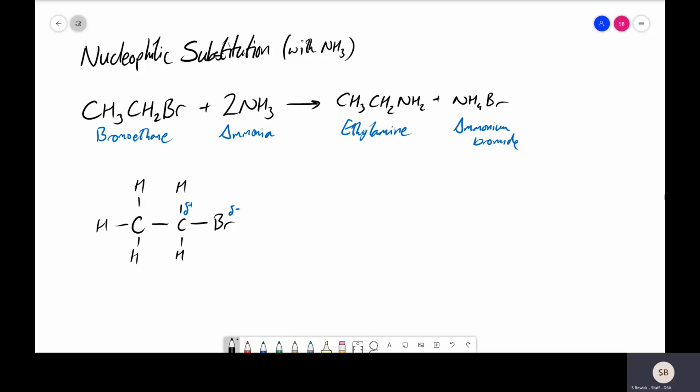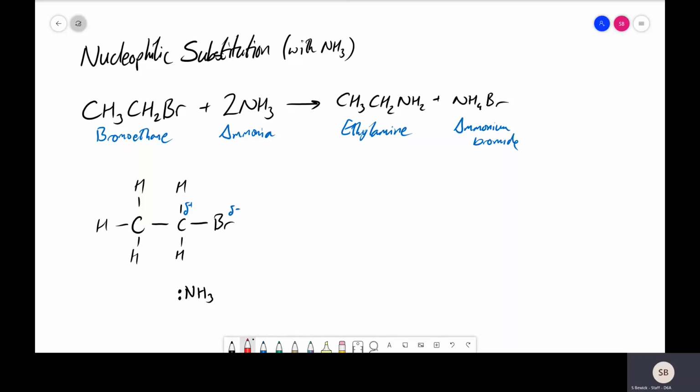Now, the first step, we're going to draw the ammonia, and we're going to pop the lone pair on there. So ammonia can act like a nucleophile because it's got a lone pair which it can form a bond with. And what's going to happen is exactly the same first and second step as you would get with hydroxide or cyanide.